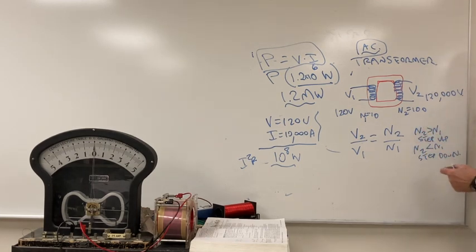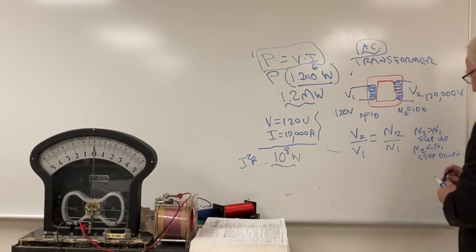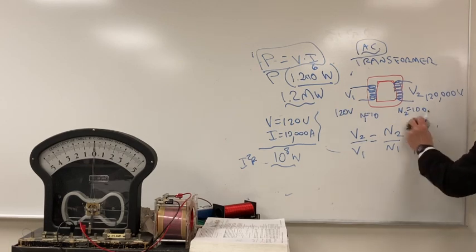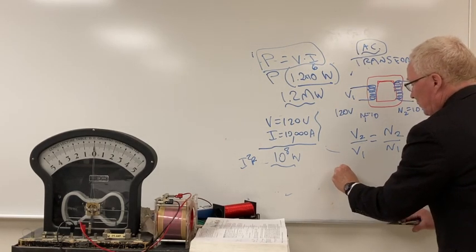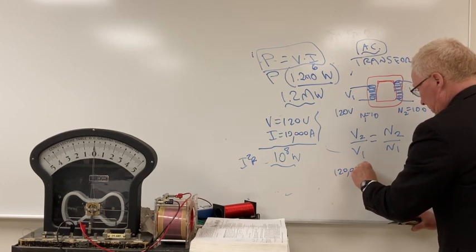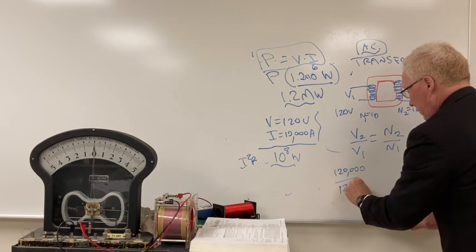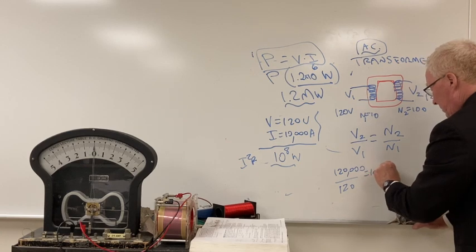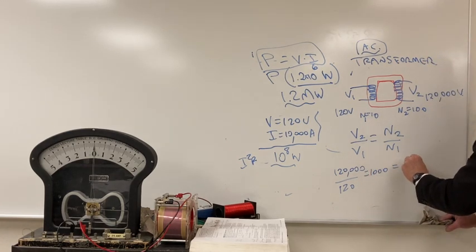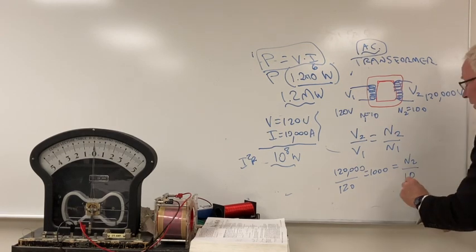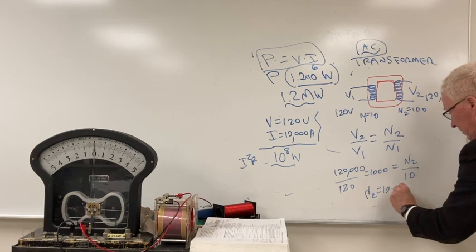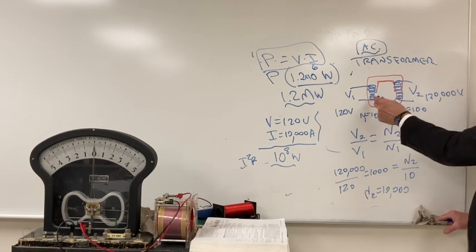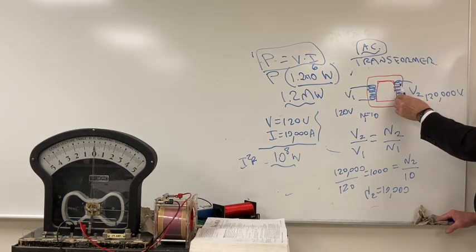In that case, 120,000 over 120, which is 1,000, is N2 over 10. So if you had 10 turns coming in, then N2 would be 10,000 turns. So you'd have 10 coming in here, you'd have 10,000 coming out.